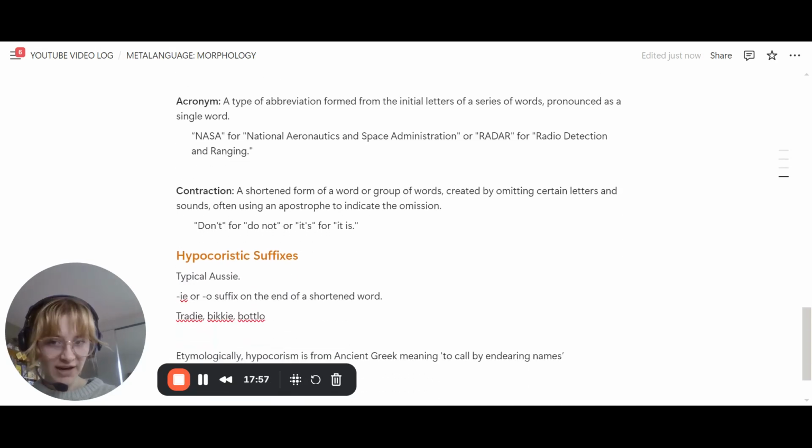Then we've got contraction. So what is a contraction? Hopefully you guys have heard of this before in your previous schooling, but it's a group of words, a phrase that's been shortened, and usually an apostrophe is used to create one word out of it. So don't from do not is a classic. Or it's for it is. Those are pretty easy to pick out and analyze.